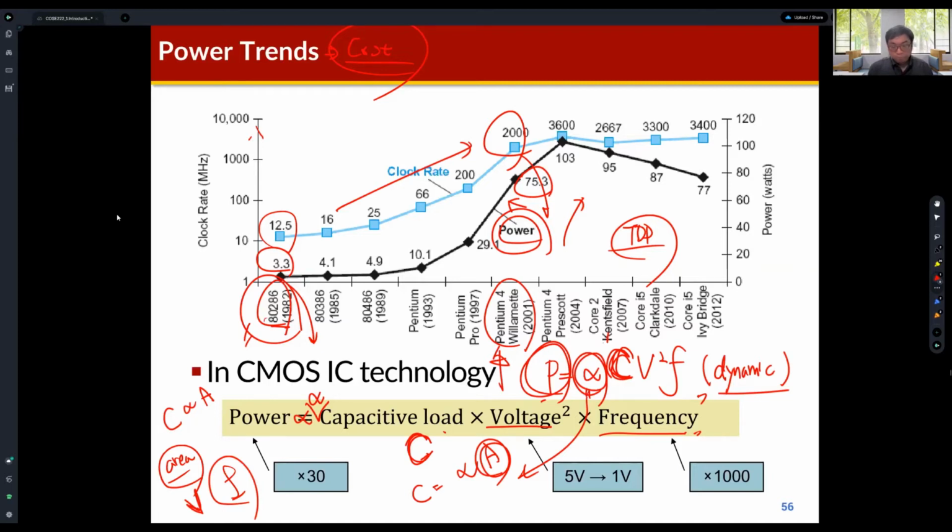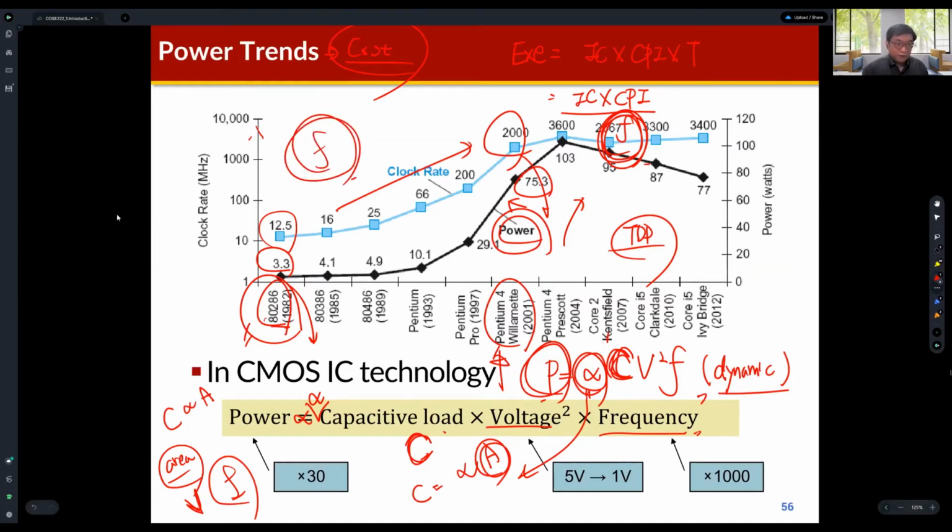But execution time is instruction count multiplied by CPI multiplied by T. That means instruction count multiplied by CPI divided by clock frequency. What's the problem? This part. In order to increase the performance, we need to increase the clock frequency, right? But how about the power?